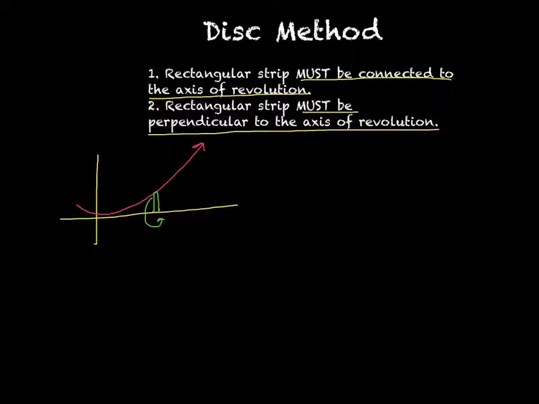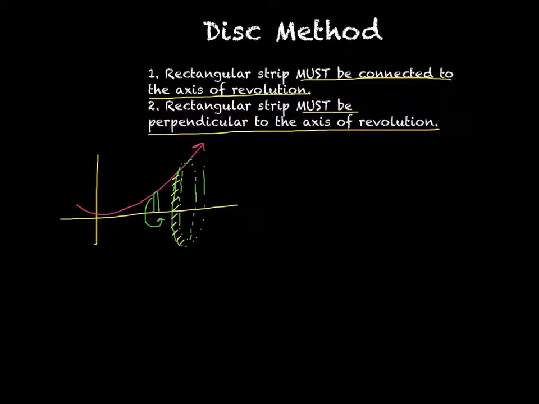So if you can visualize, I'm going to draw another strip over here, and you can see that I'm not the best artist here, but if you rotate this around, it's going to form the shape of a cylinder, and it's going to have some sort of thickness associated with it.